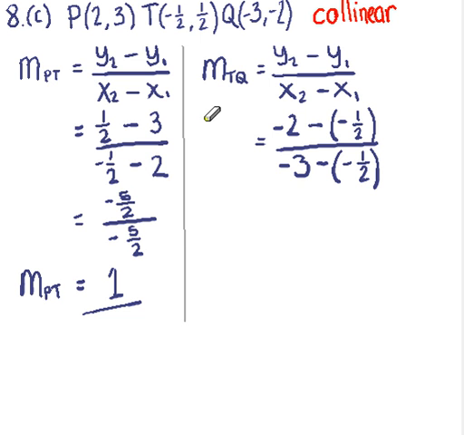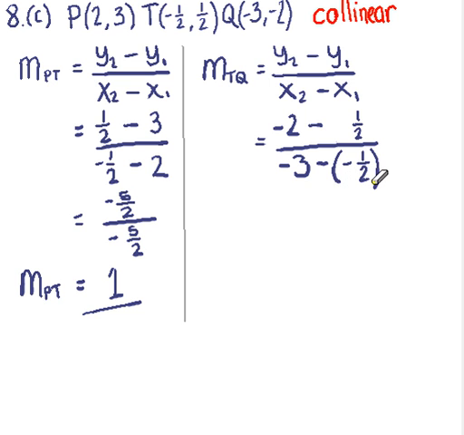So if you had been watching carefully here, you will maybe have noticed that I had made a mistake. We had y2 minus y1 on the top, so y2 was minus 2, and then we were subtracting y1, which should have been just a half. So we'll get rid of this. So it's minus 2 minus a half.